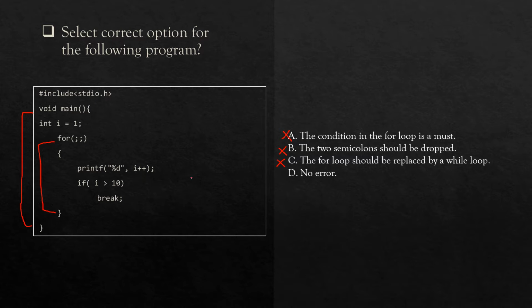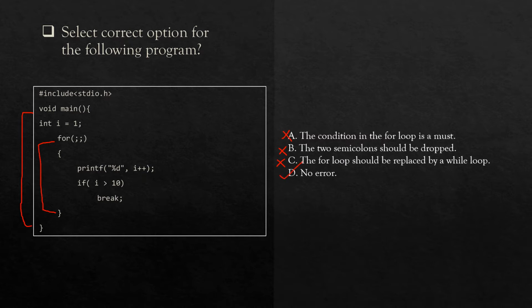We can replace this for loop with a while loop, but it is not mandatory that we have to replace it. But the option says that the for loop should be replaced by a while loop, so this is also a wrong point.